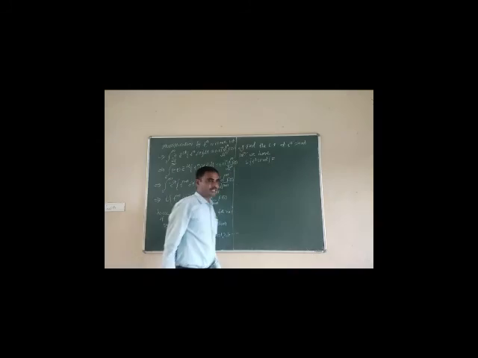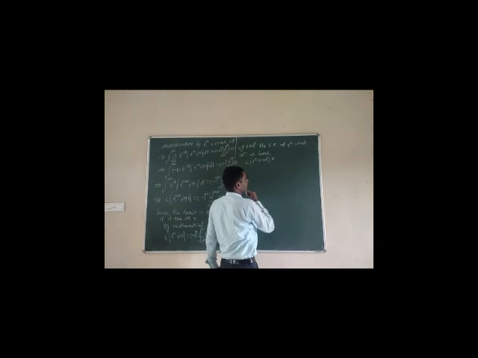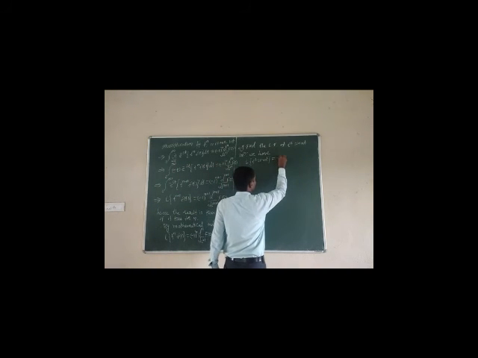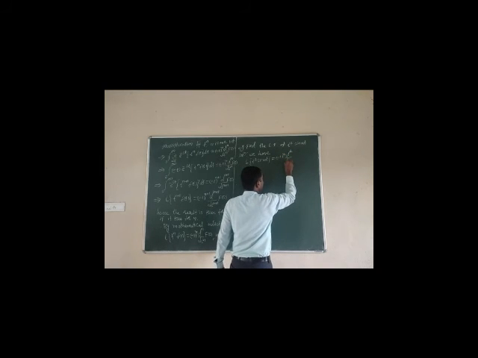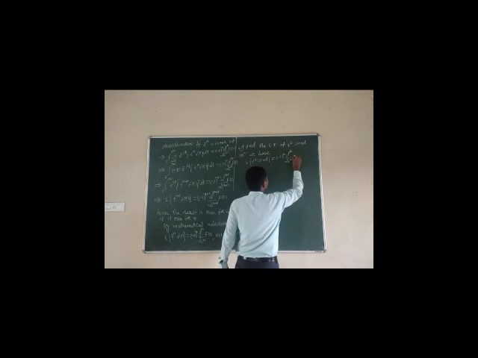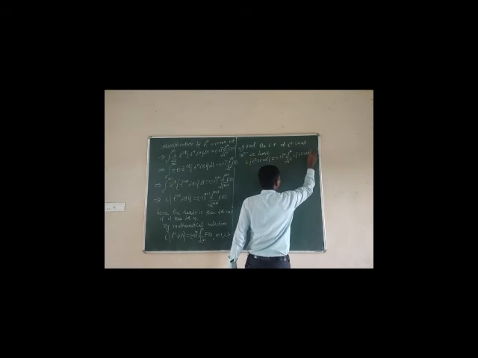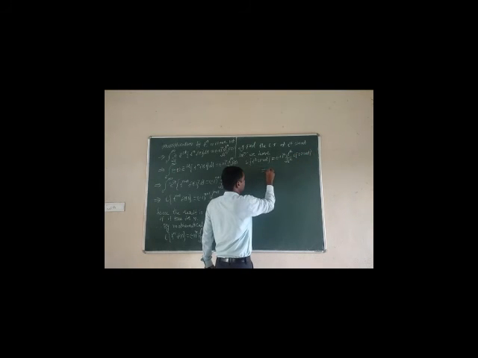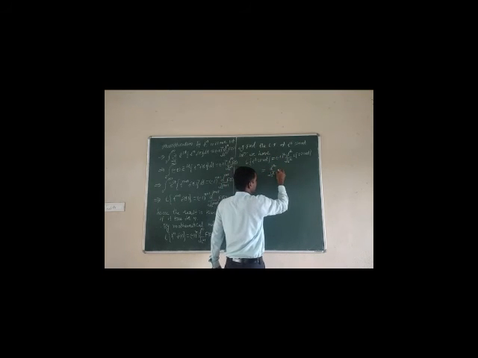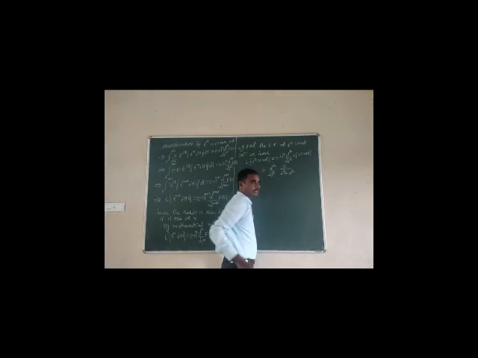This is equal to, now applying the multiplication by t raised to power n property, that is minus 1 to the power 2 into the second derivative with respect to s of Laplace of sine at, and this is equal to minus 1 square, means plus, the second derivative with respect to s. Laplace of sine at is a upon s square plus a square.